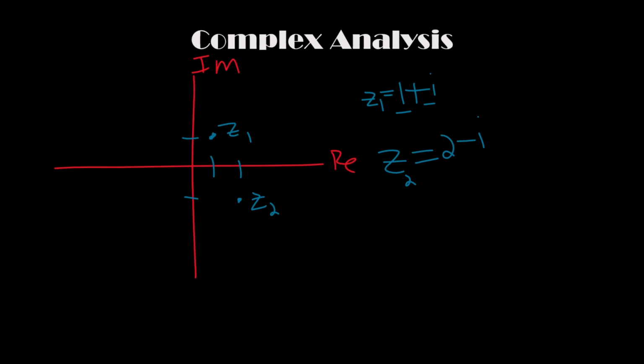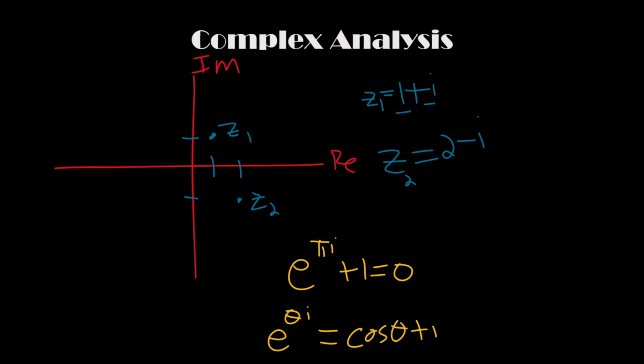But there's actually a second way we can express points like this, and that's with Euler's identity. You may know this is used in a lot of very clickbaity YouTube videos. You may know that e to the pi i plus 1 is equal to 0. This is quite famous. But the more general version of that is e to the theta i, where theta is any number really, is equal to cosine theta plus i sine theta.